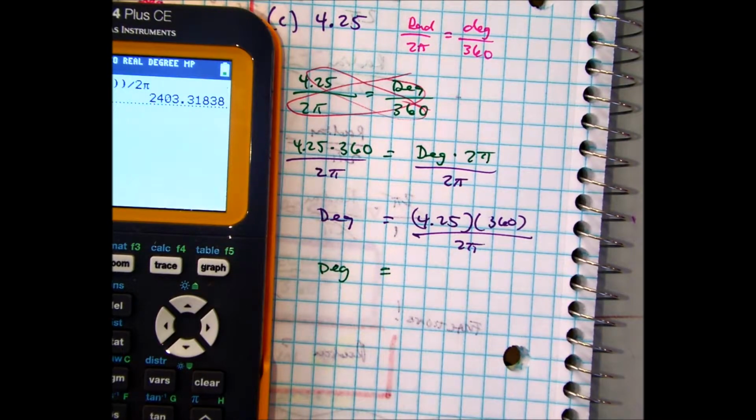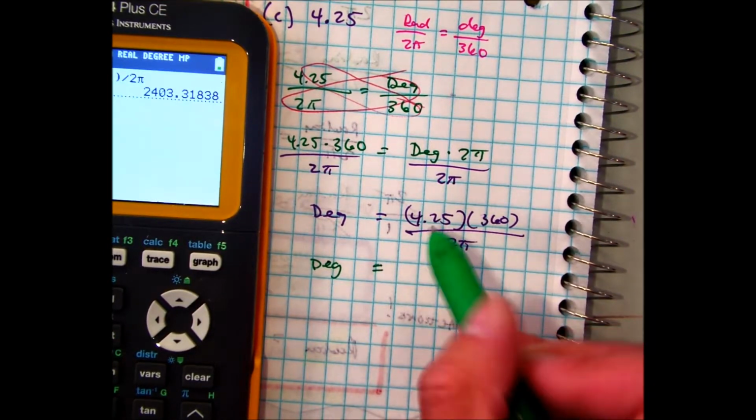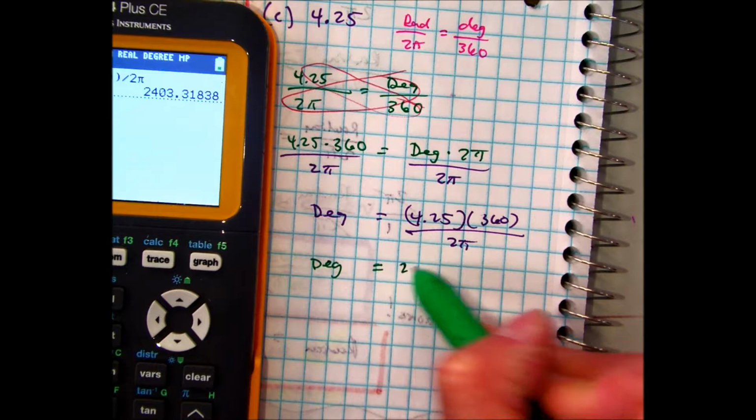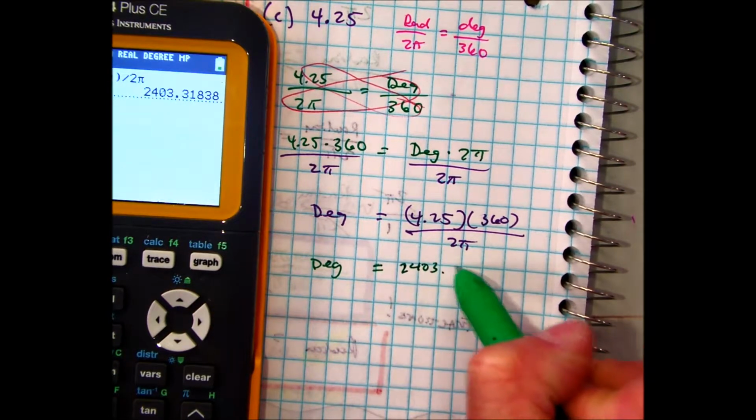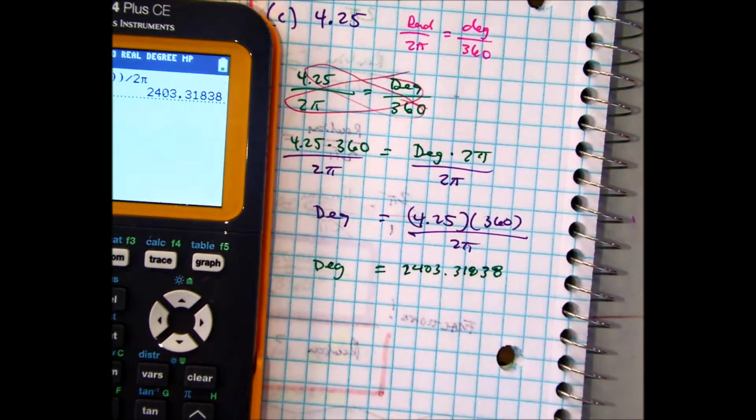I don't like that number. Let's talk about number sense. Why do I not like that number? Talk to your partner. Talk to your partner why we don't like that number. Why does this number not make sense?